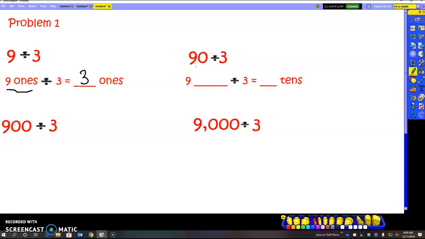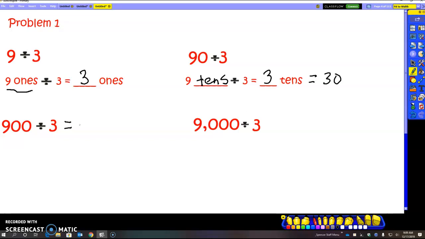If I have 90 divided by 3, I have 9 tens divided by 3 gets me 3 tens. So this is equal to 30. Okay, so 3 tens is 30. Okay, you guys were really great at that when you were multiplying, so be careful with that.